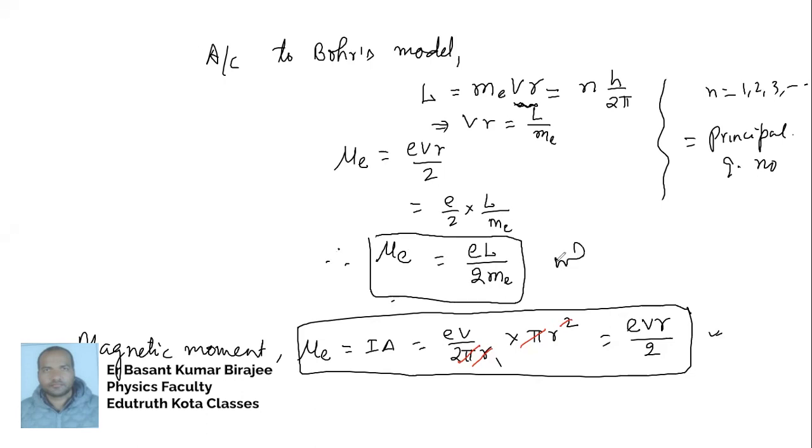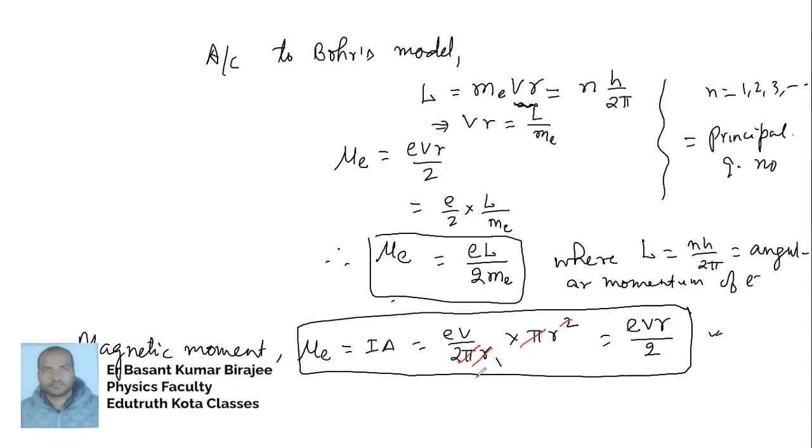Where L equals nh by 2 pi, the angular momentum of the electron.